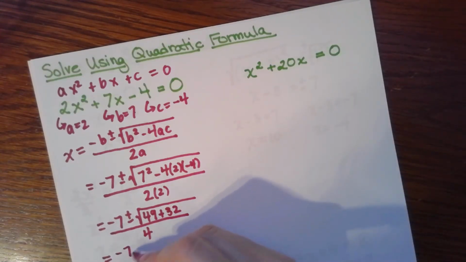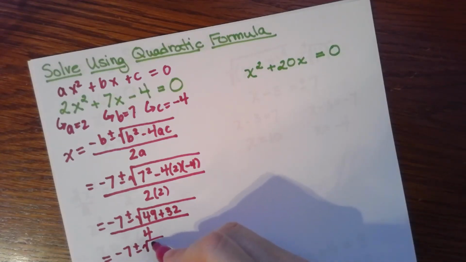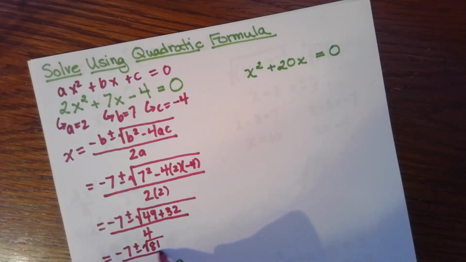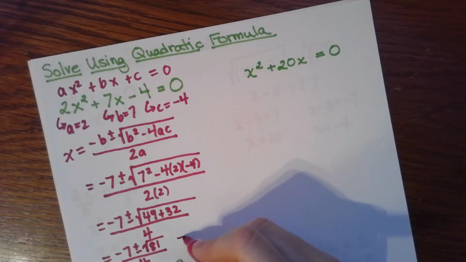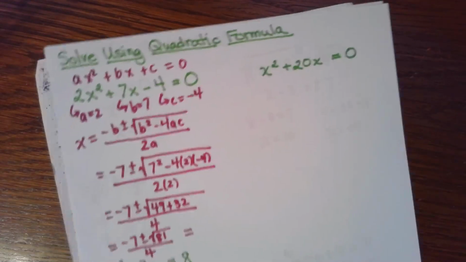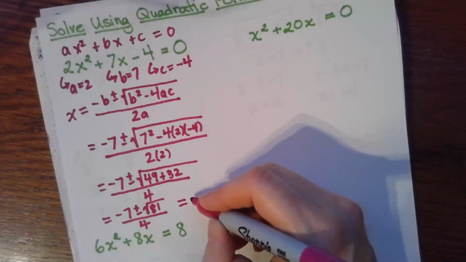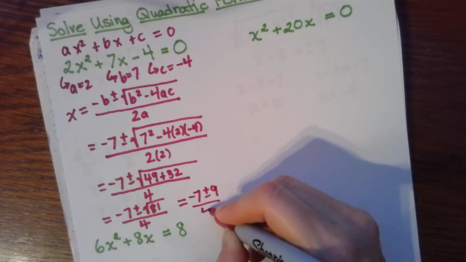So that's going to be negative 7 plus or minus the square root of 81 over 4. Okay, I'm kind of running out of room here, so I'm going to go this direction. Well, the square root of 81, yay, we know that. That is 9, so that's negative 7 plus or minus 9 over 4.